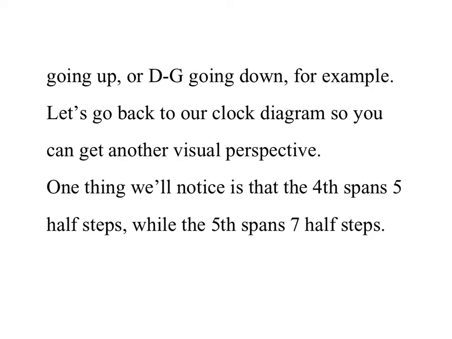Let's go back to the clock diagram so you can get another visual perspective. One thing we'll notice is that the fourth spans 5 half steps, while the fifth spans 7 half steps.